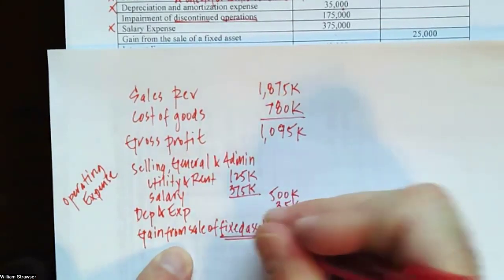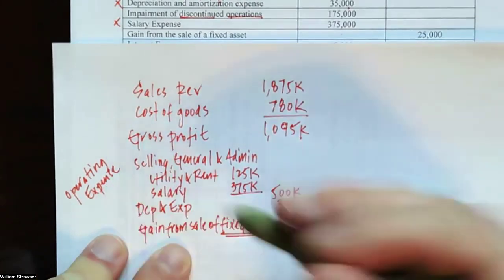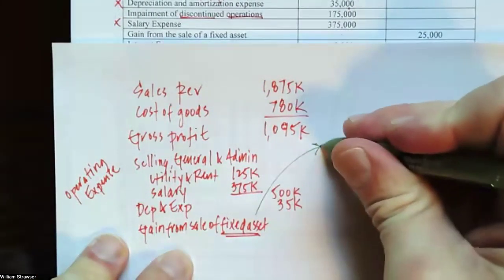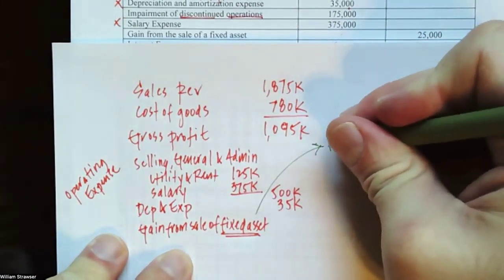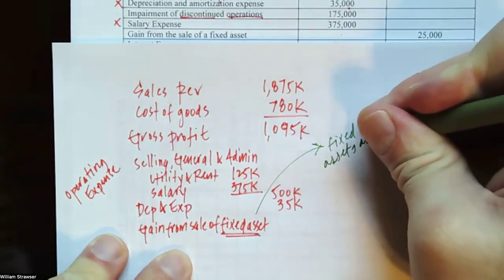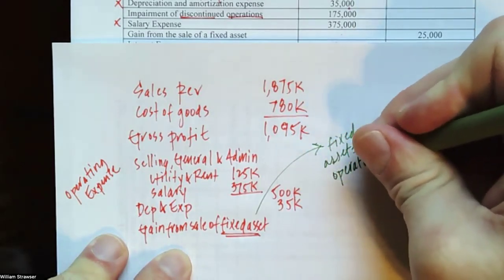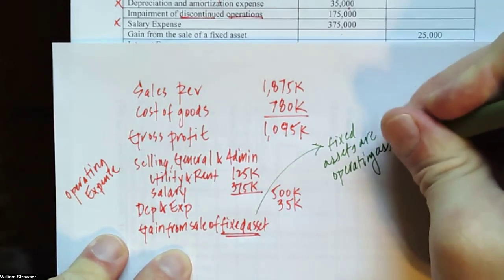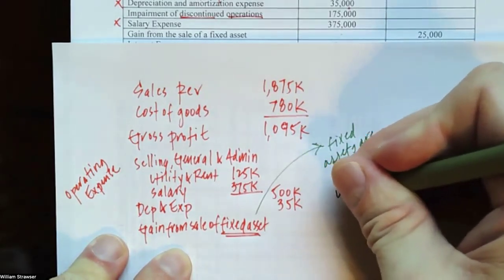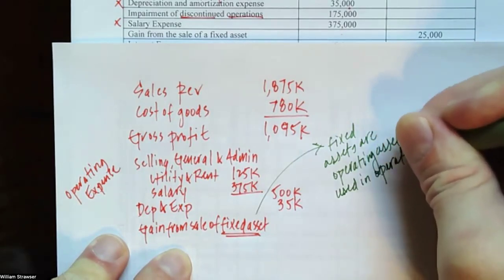If it's the sale of a fixed asset, the reason why we incorporate that in operating is because fixed assets are used in operations. They are operating assets, so they're used in the company's operating activities.